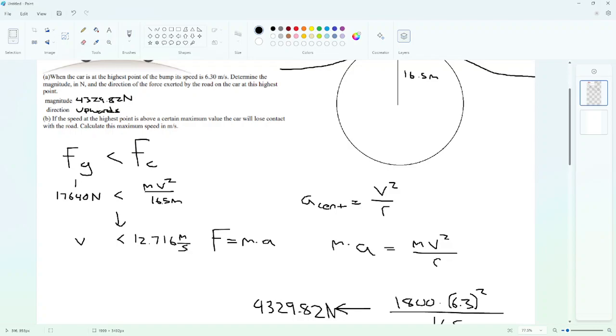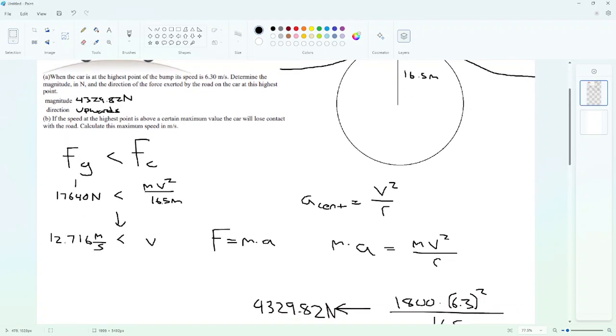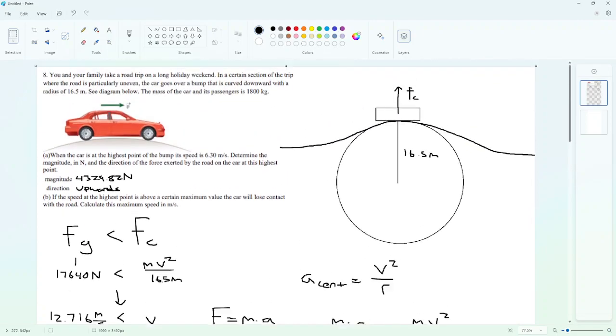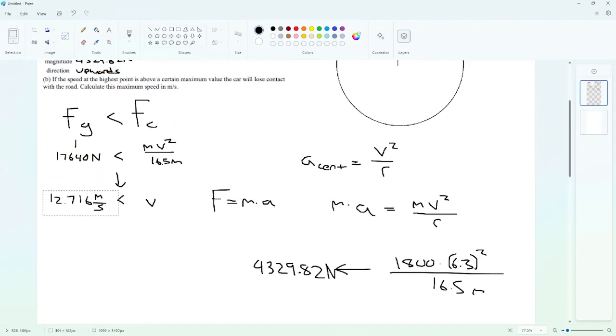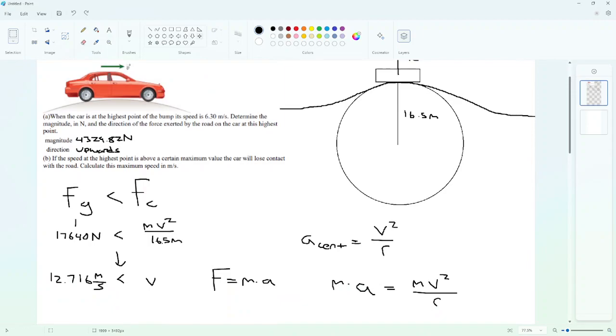Oh wait, that's backwards. If the velocity is greater than this, then the car leaves the ground. This is our maximum value. So that is the solution of this question.